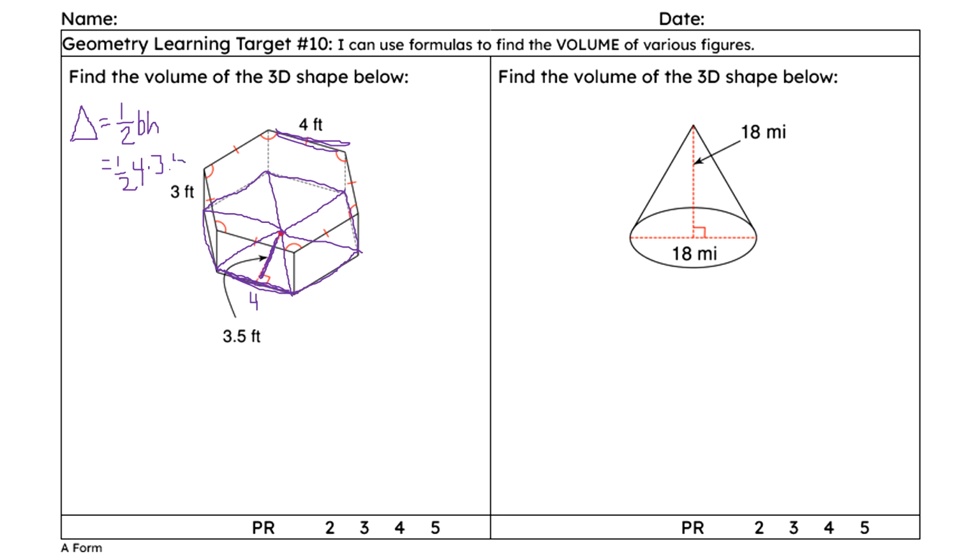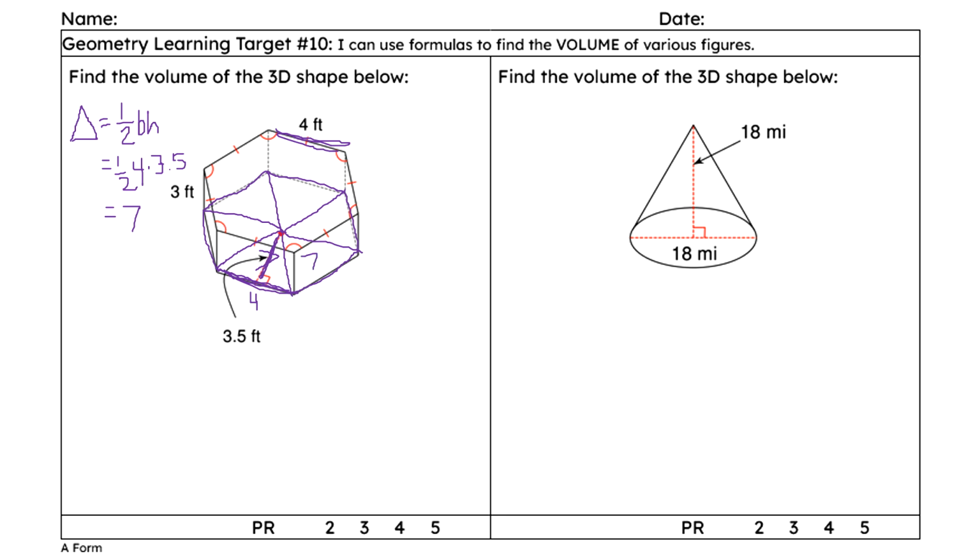All right, so 4 times 3.5 is 14. I'm going to divide that by 2, and I'm going to get 7. So the area of one of these triangles is 7 feet squared.